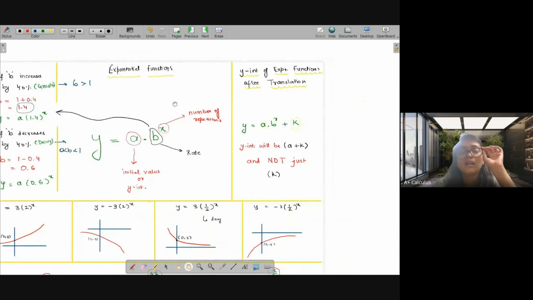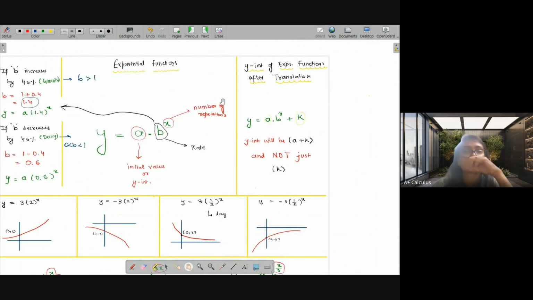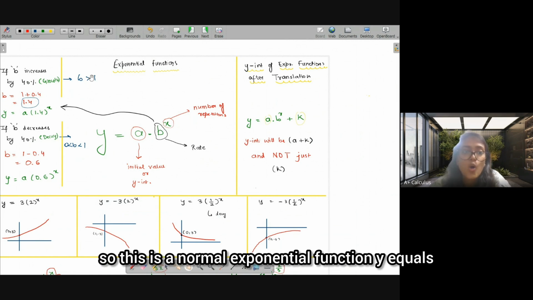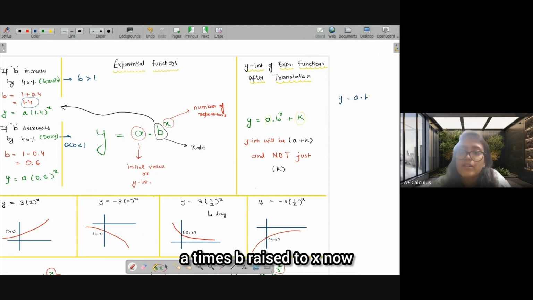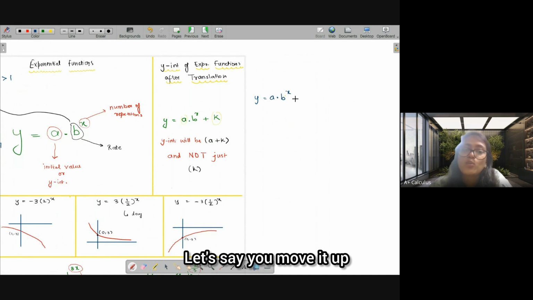Now first let's talk about what happens if you translate an exponential function. So this is a normal exponential function, y equals a times b raised to x. Now, let's say you move it up or down by k units. This is very important.